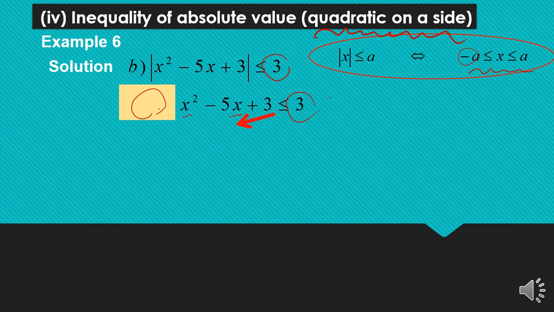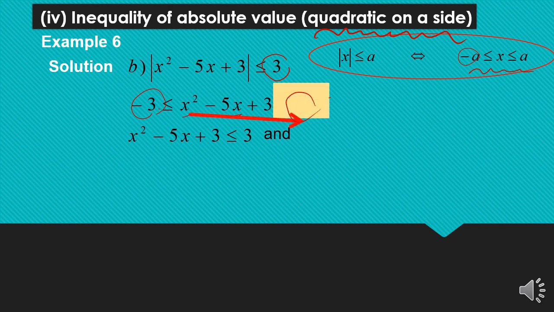So the first one will be x squared minus 5x plus 3 less than or equal to 3. And then the second one is negative 3 is less than or equal to x squared minus 5x plus 3, or so reverse, we swap between these two, so the sign will be changed.